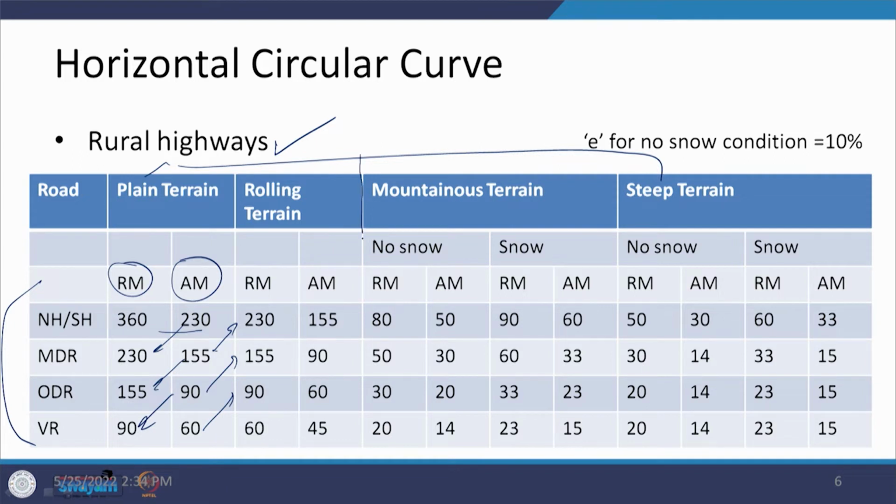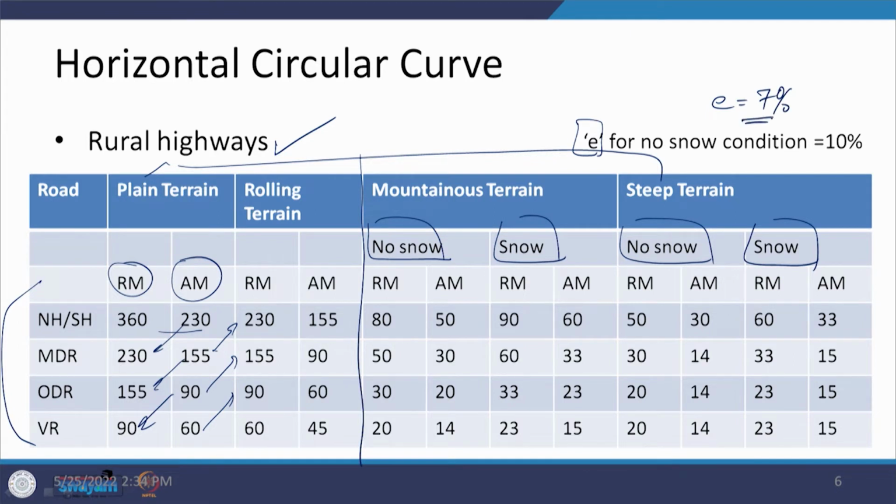But when you talk about the mountainous and steep terrain, then here two sets of values have been given for both of the terrain conditions, and these two sets are related with the altitude as well as the condition whether there is snow or not in that area. And considering those things, the value of E is going to change. So, in general conditions we take E as 7%, but when you are talking about a no snow condition at a higher altitude, it can be taken as 10%.